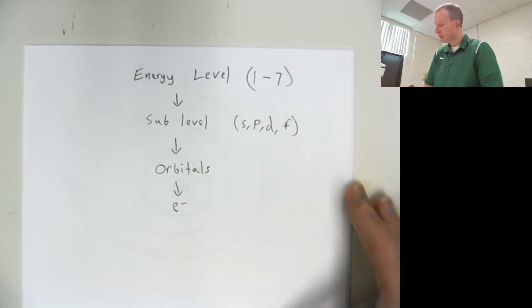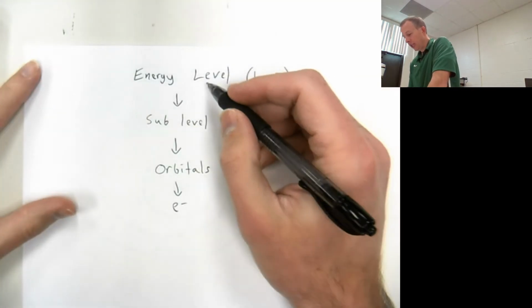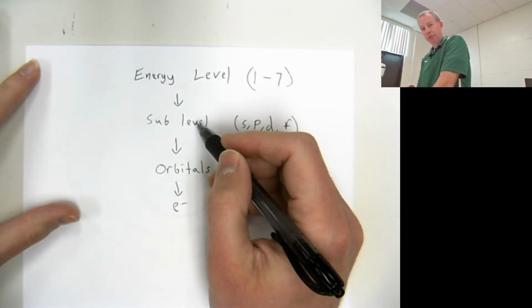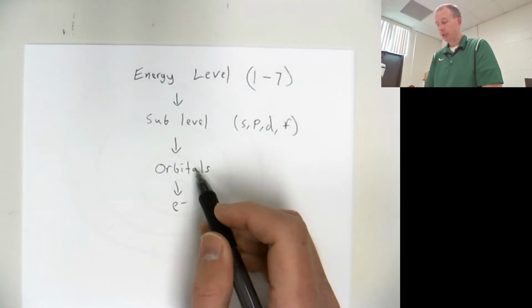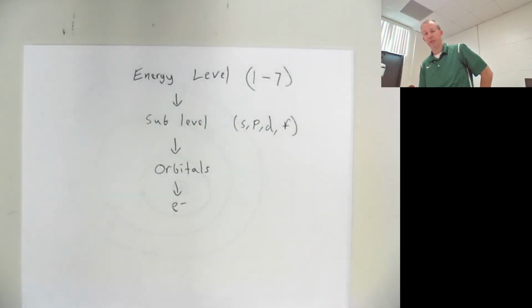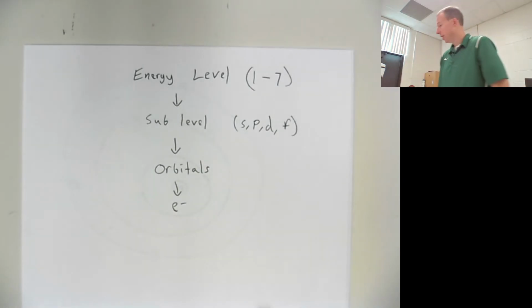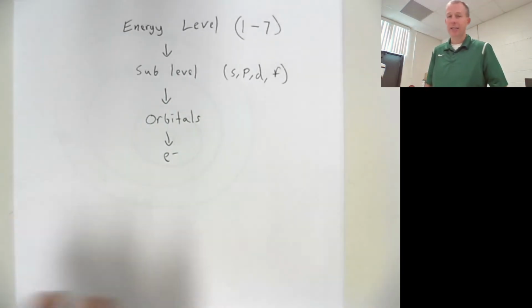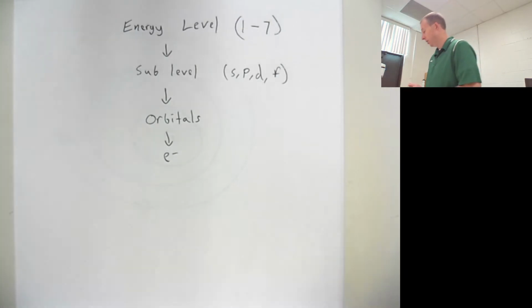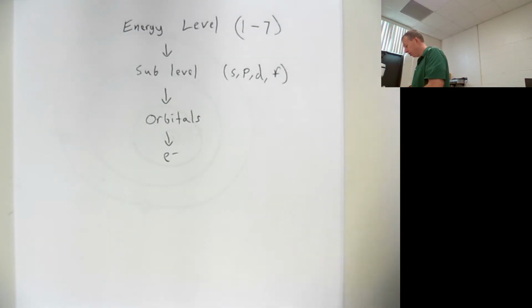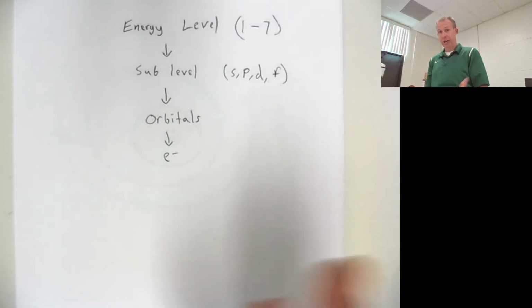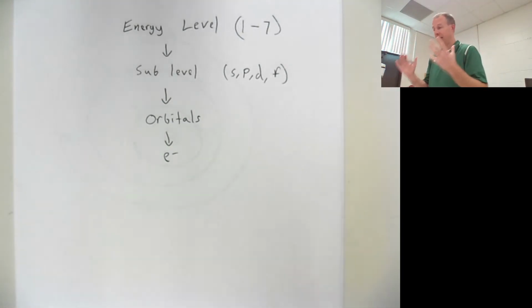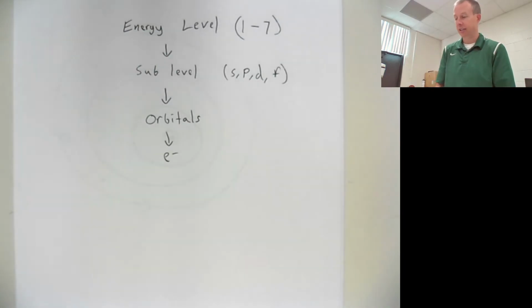All right, so we start at the energy level. Energy levels are made of sublevels. Sublevels are composed of a number of orbitals. And inside those orbitals, we have electrons. Now, the idea of the orbital is that it's a probability cloud. That means it is a region of three-dimensional space where we are likely to find an electron.